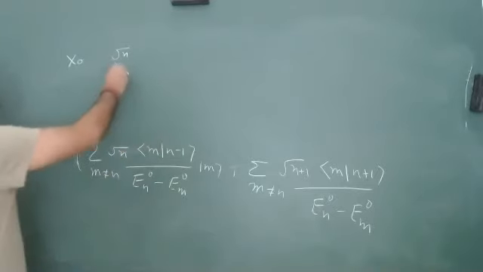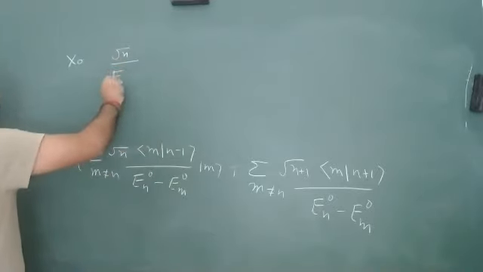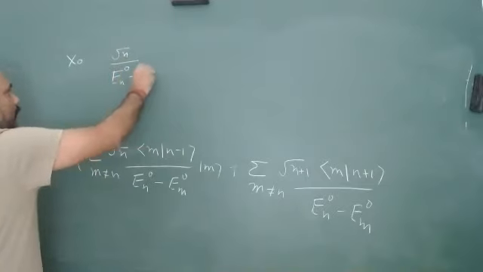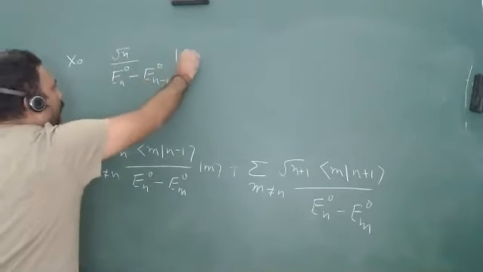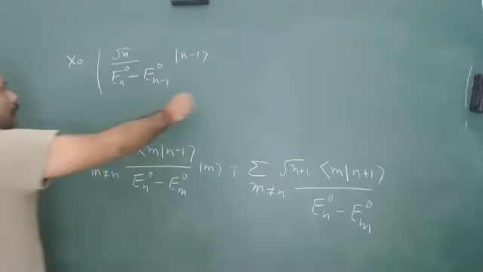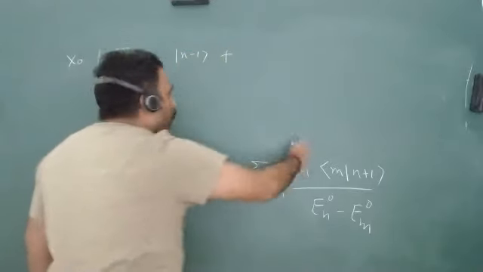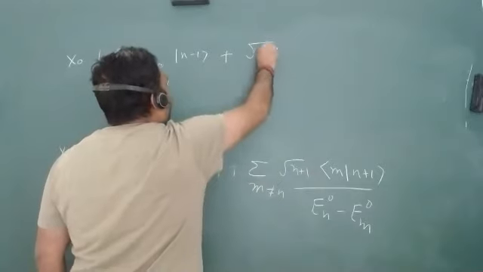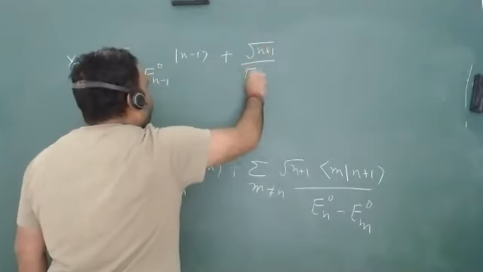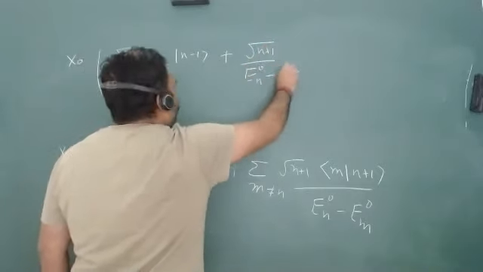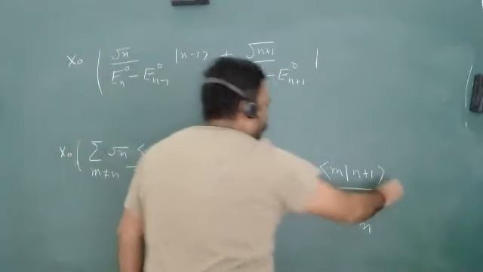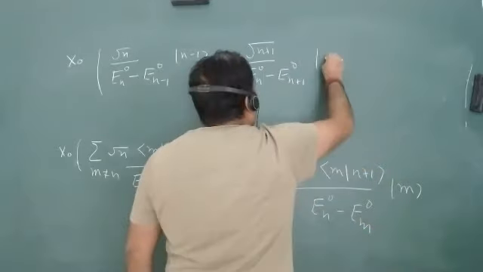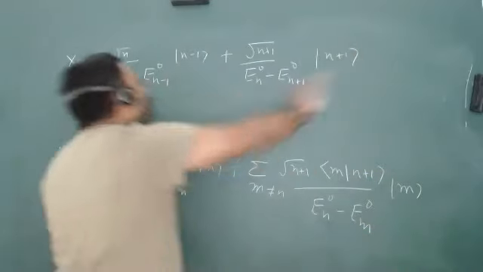So this will be root n, En0 minus E(n minus 1)0, and here is n minus 1. And the second term is only going to survive for root n plus 1, and this will be En0 minus E(n plus 1)0, and here is also m, and that will be n plus 1. All other terms will be 0.